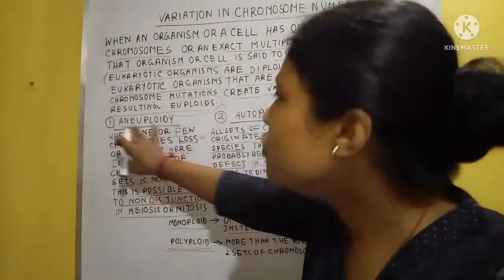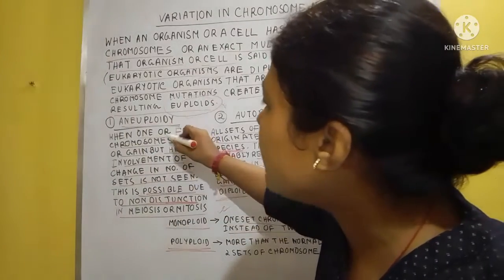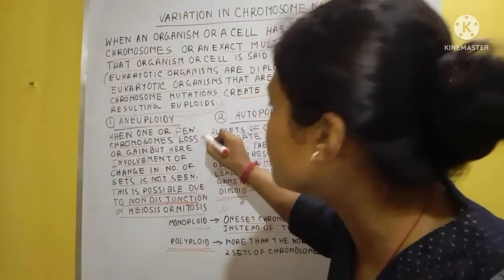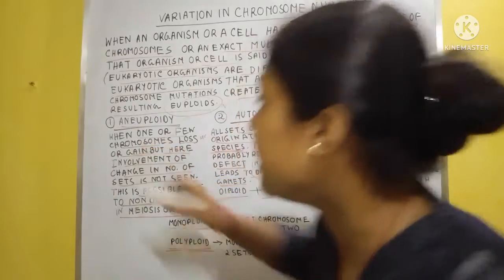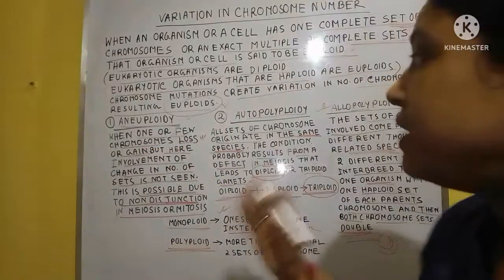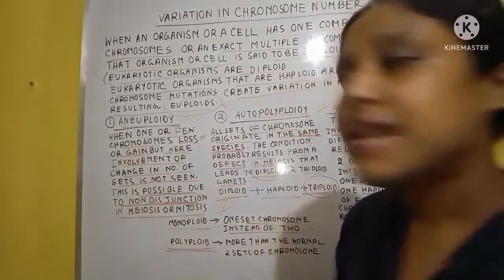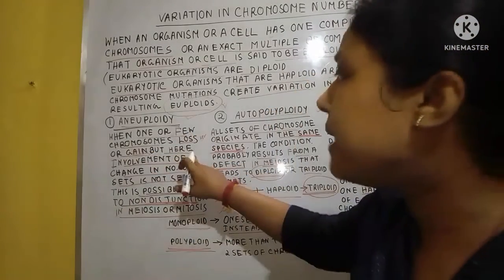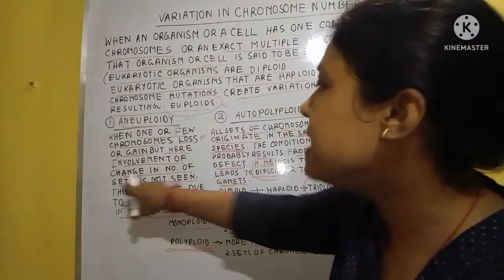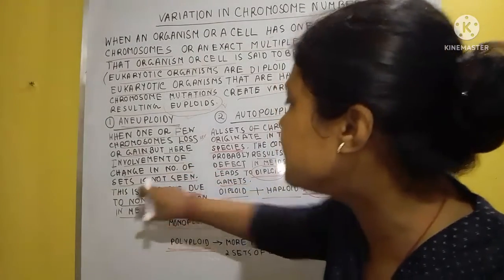What is called aneuploidy? Aneuploidy means the loss or gain of one or a few chromosomes. But here, a change in the number of sets is not seen.